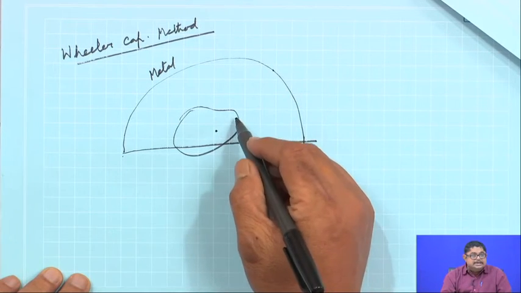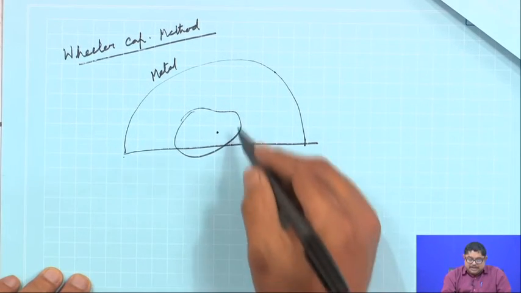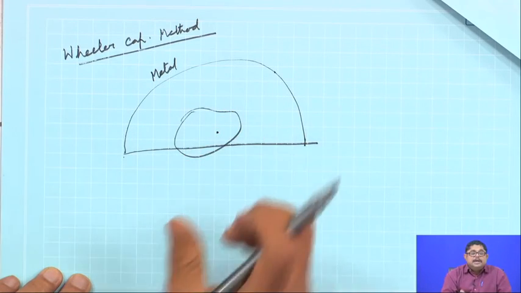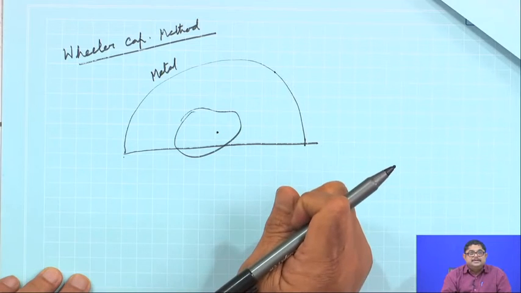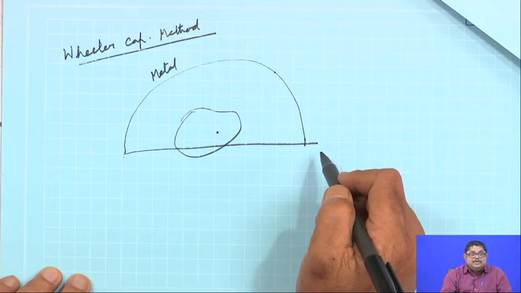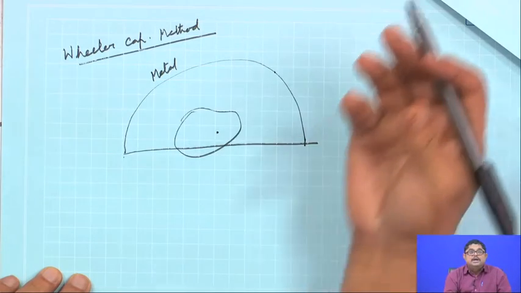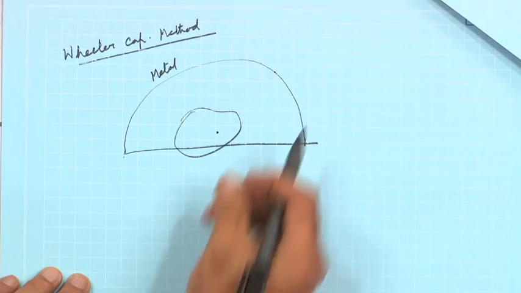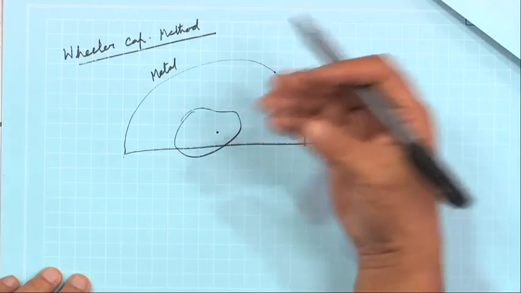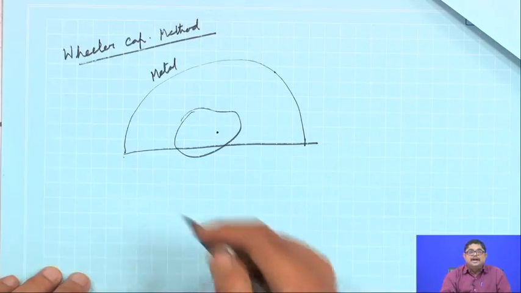So, he says you measure the input impedance once with this metal cap. With the metal cap, the input impedance will consist solely of RL, and when you remove the metal and measure again, you will find it to be both radiation resistance as well as loss. So, you can find out the loss.